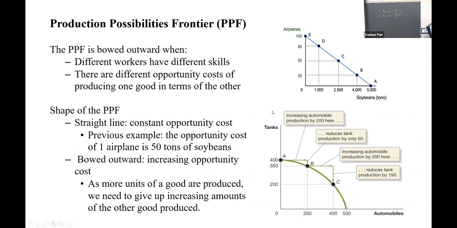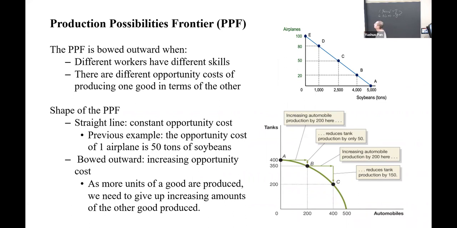The PPF is not only the straight line. You can also see the whole outward line here. This one is what we saw from the last example, but this one is different. Why are they different? Why do we have some straight lines, but also some bold outward lines?